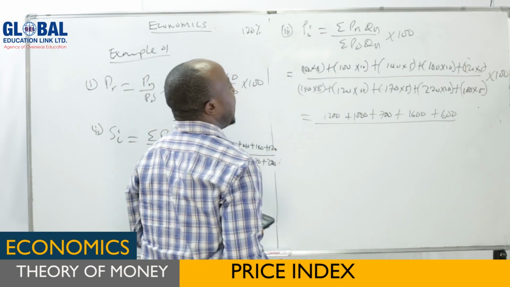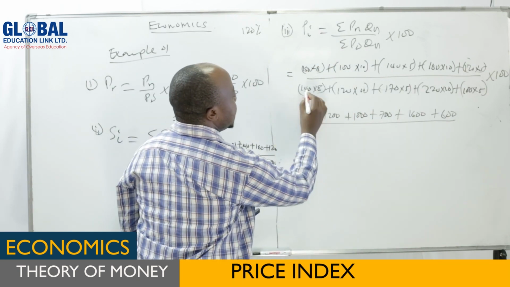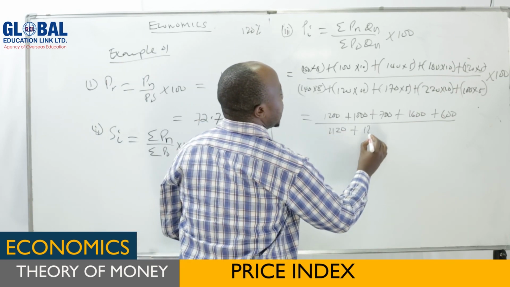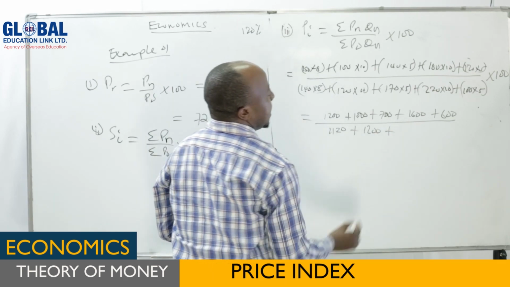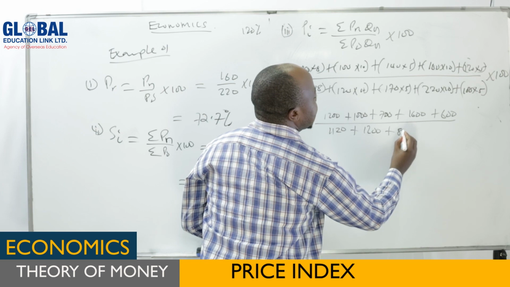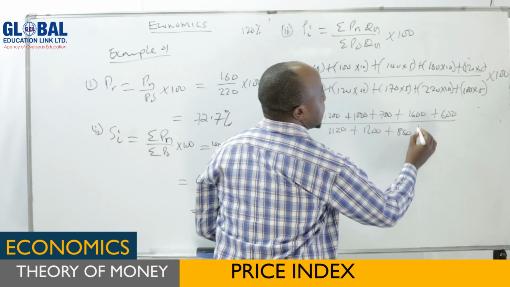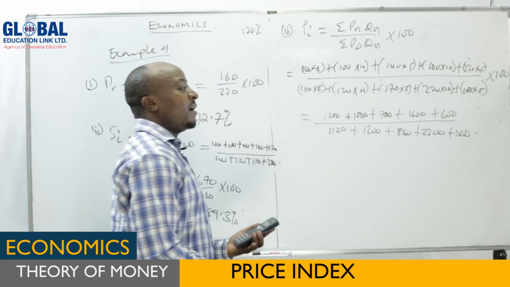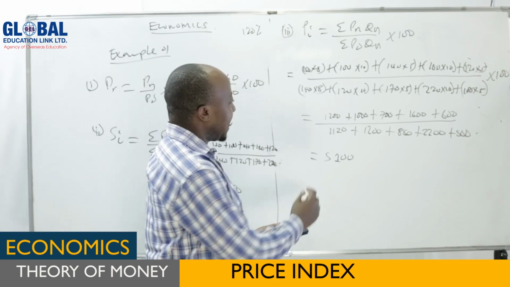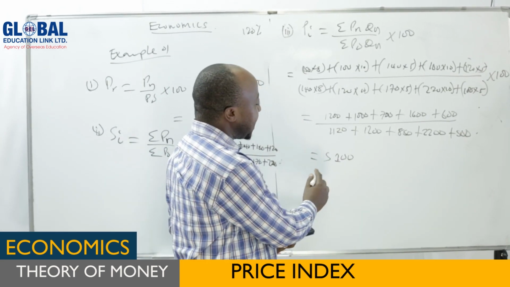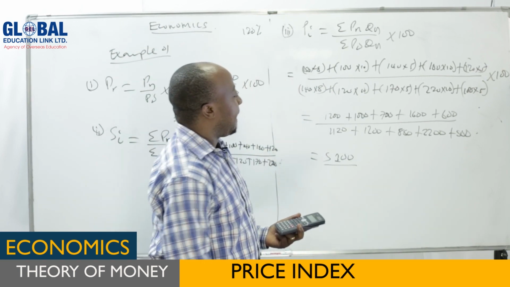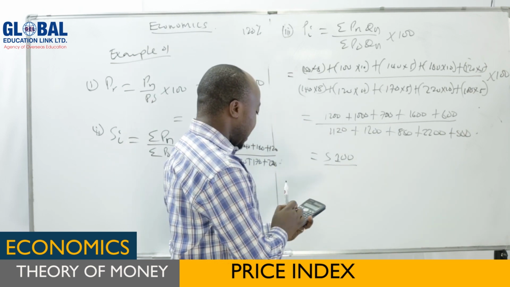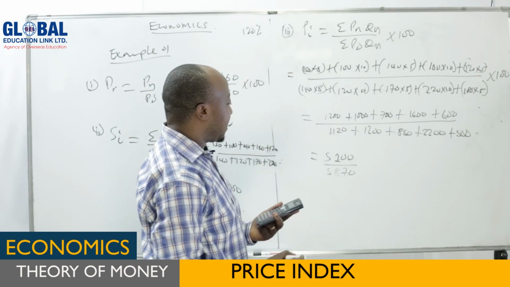Then we divide by this one: this times this, we get 1,120, plus where we get 1,200, then plus this times this we get 850, then plus this one, and plus 500. This is for the case of that one. So after adding the numerator, you get 5,100. Then you divide by, if you add 1,120 plus this one plus this one in your calculator, you'll get 5,870.